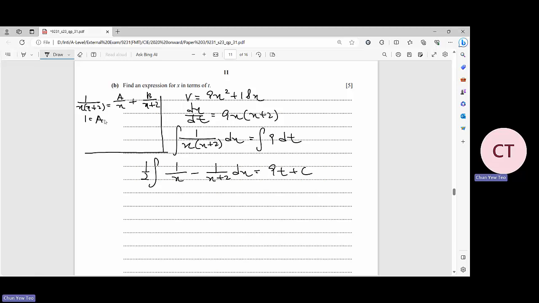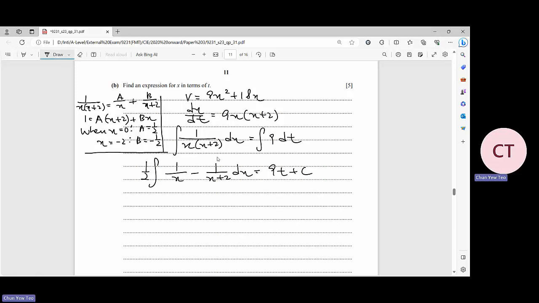So you are supposed to get A multiplied by (x plus 2), then Bx. When x is equal to 0, your A is equal to half. When x is equal to -2, your B is -half. This is how you do the partial fractions.